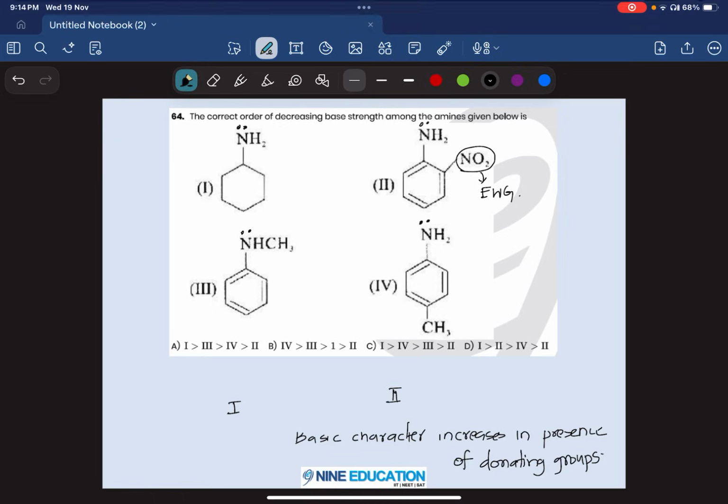That's why the highest basic nature would be 1 and the lowest basic nature would be 2. Then comes option 3 and option 4.